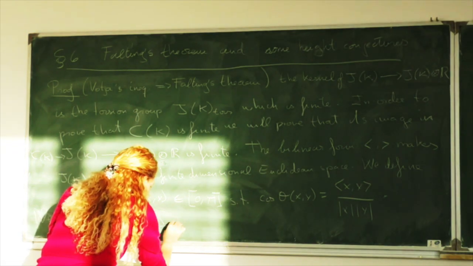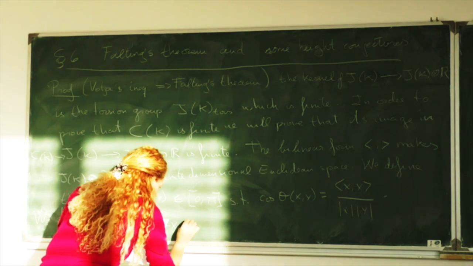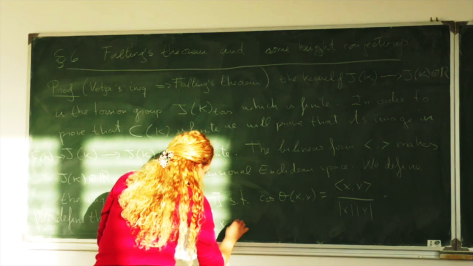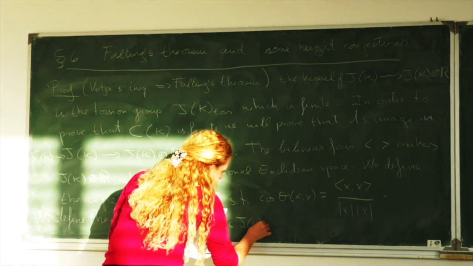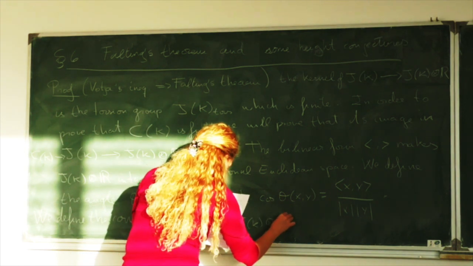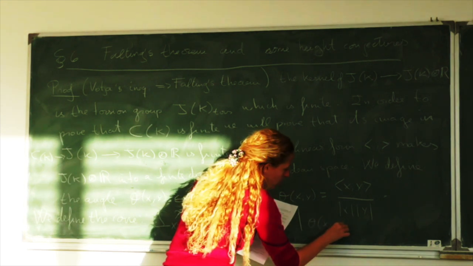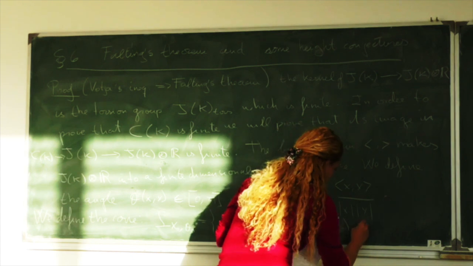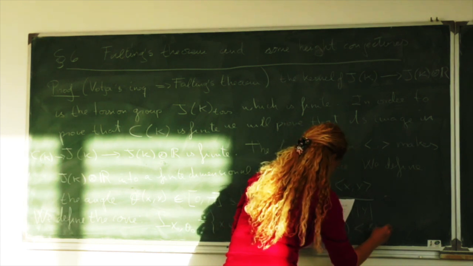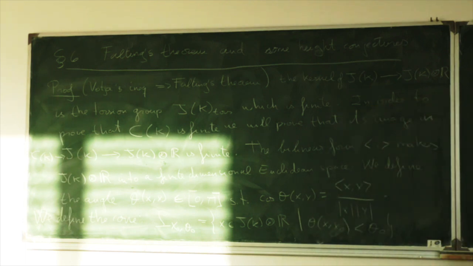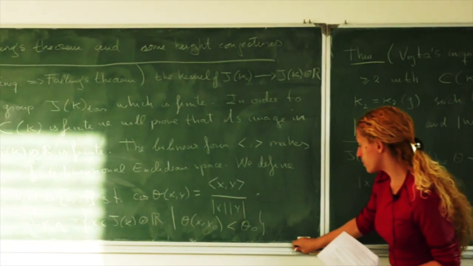Gamma of x0 and theta 0 equals the points in this Euclidean space such that the angle between the two points is smaller than theta 0. Okay? So this is really what you have in mind.